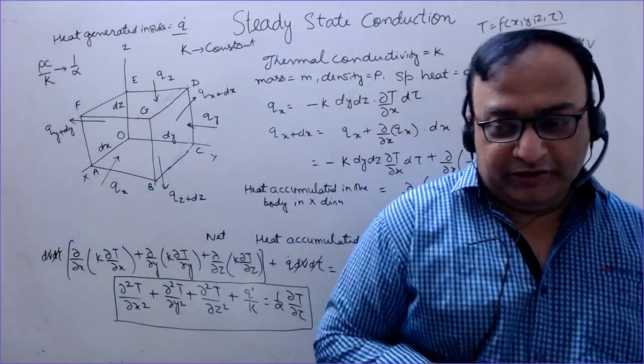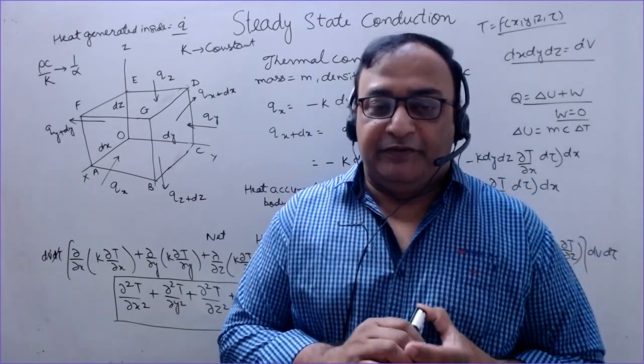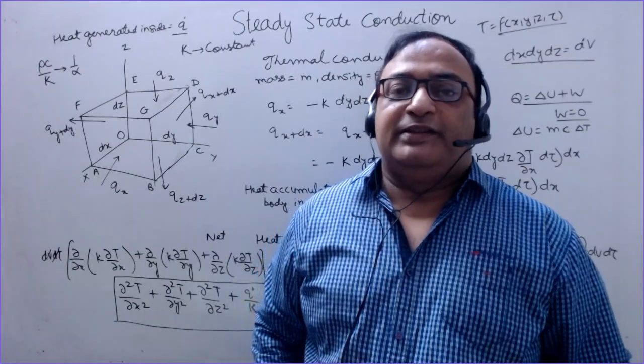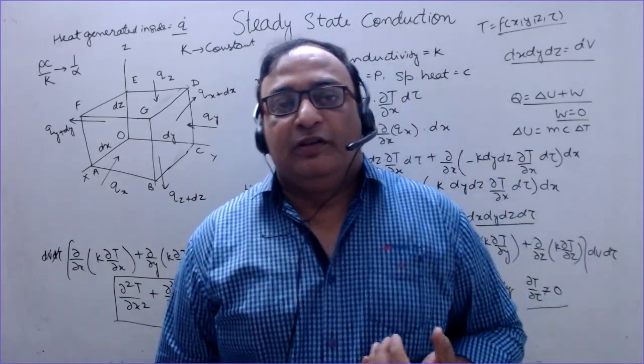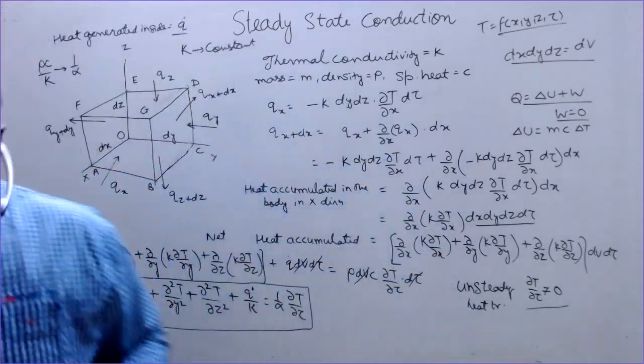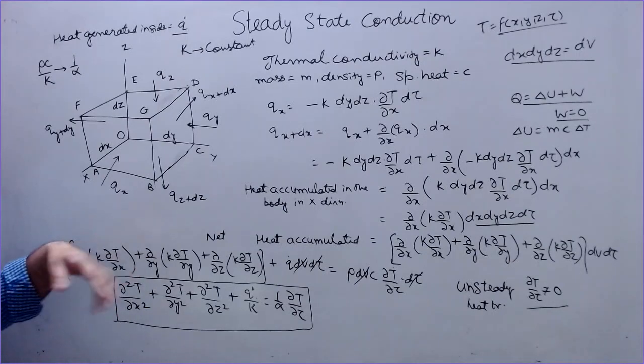It does not change at any point. So this is called steady state if the temperature is constant with respect to time at any point. Otherwise, if it is varying, then it is called unsteady state heat transfer. So this is the general equation which gives the variation of T with respect to space and time.